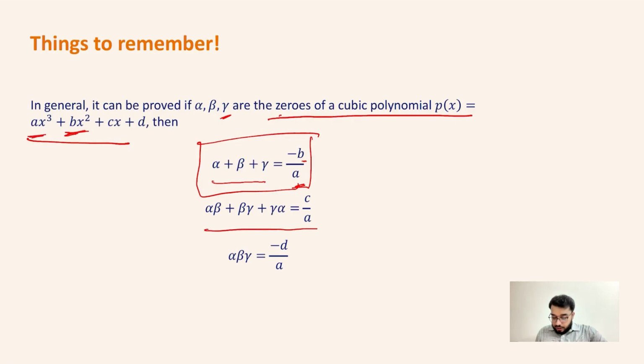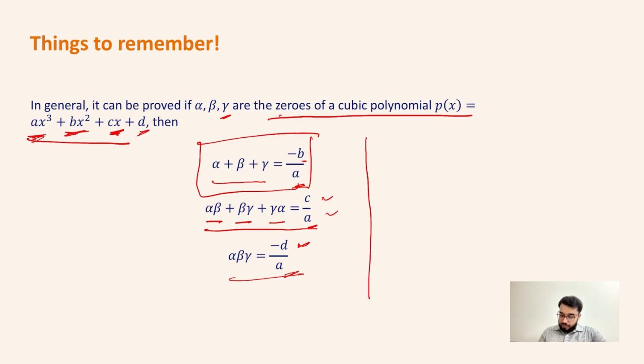Now if we look at the sum of products taken 2 at a time, alpha beta plus beta gamma plus gamma alpha is c upon a. What is c? c is the coefficient of x, and a is the coefficient of the degree of the polynomial, that is x cubed. Now if we look at the product, alpha beta gamma is minus d upon a, and what is d? The constant, and a is the coefficient of the degree of the polynomial.